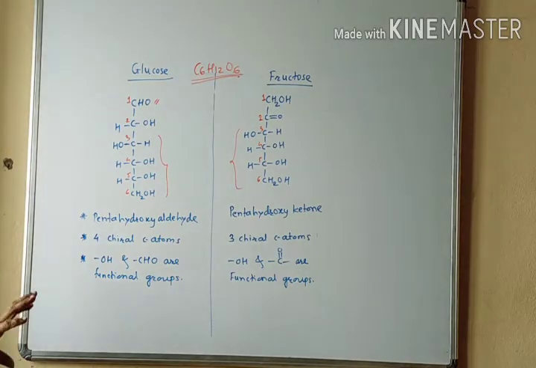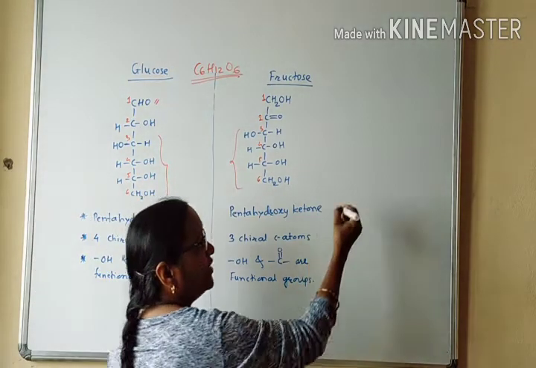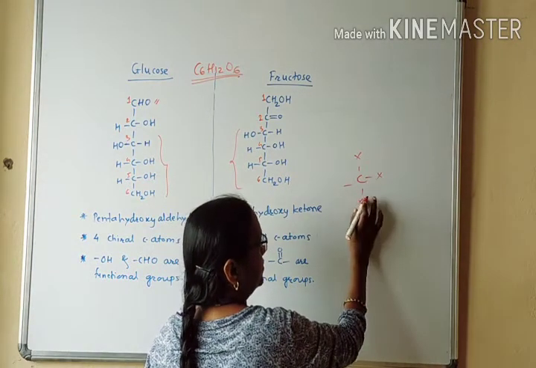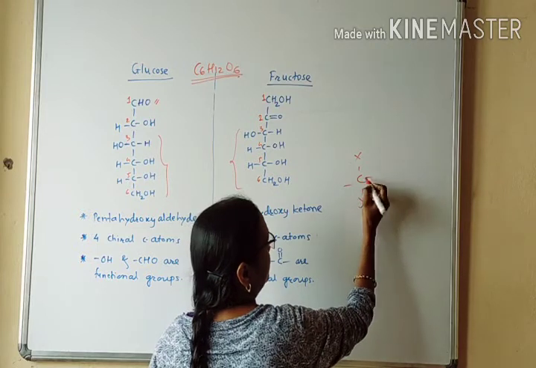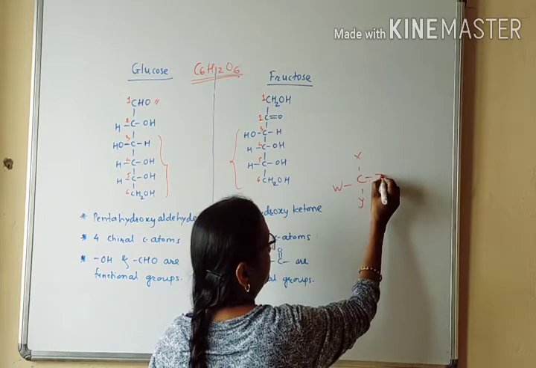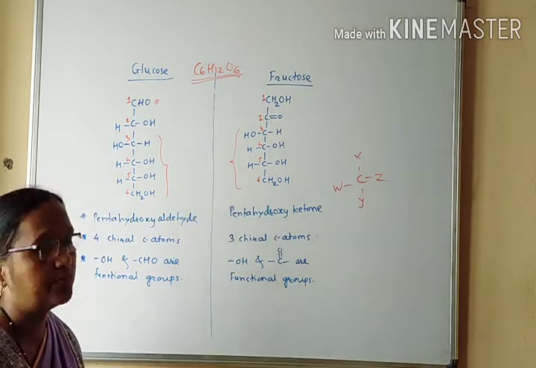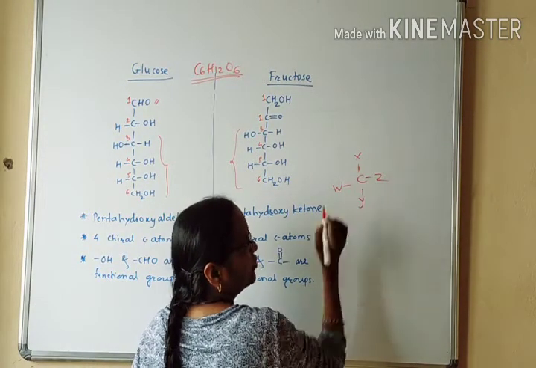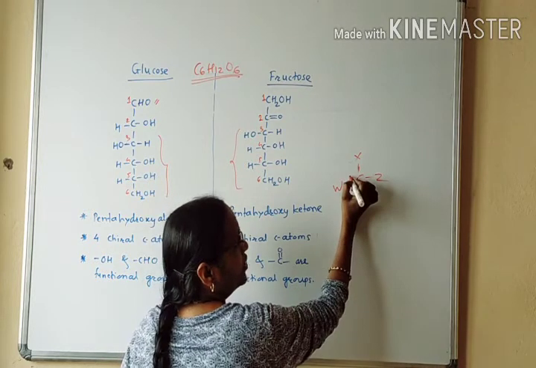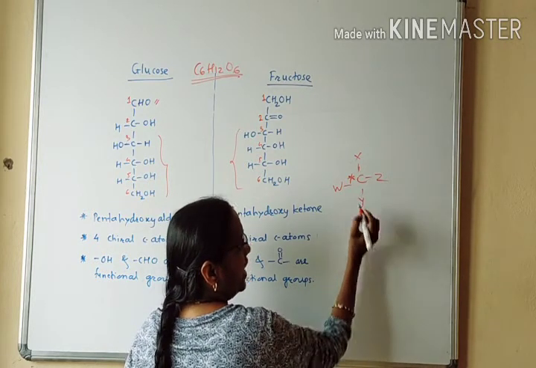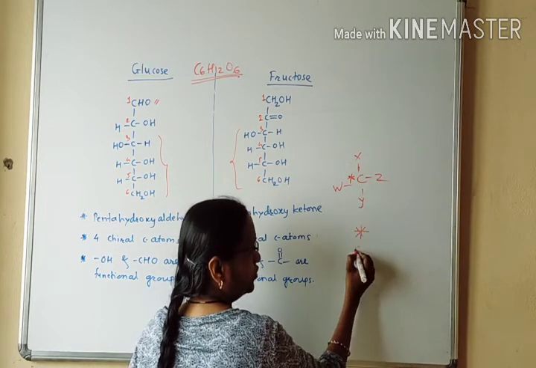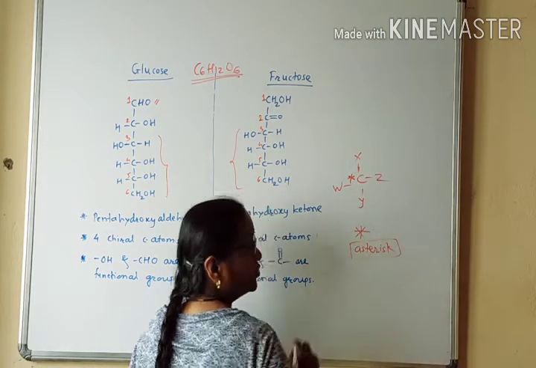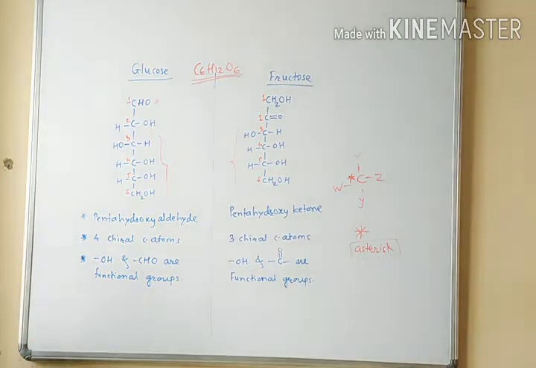So what do you mean by the chiral carbon atom? Chiral means the carbon atom attached to 4 different atoms or groups of atoms. That carbon is called the asymmetric carbon atom, or the chiral carbon atom, denoted by the asterisk sign, which is used to show the asymmetric carbon atom.